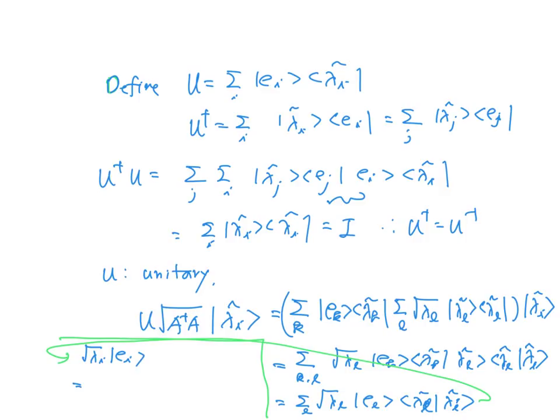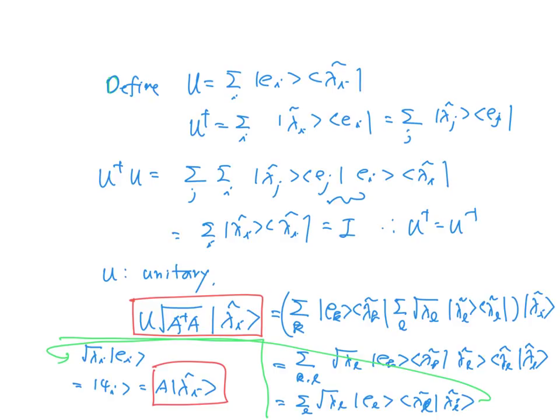Or according to the original definition, this is phi I, A, lambda I tilde. So that means this has to be the same as this for all different lambda I, right?